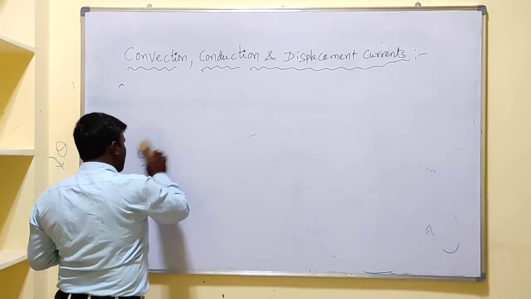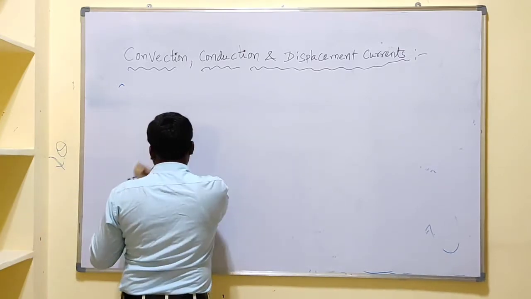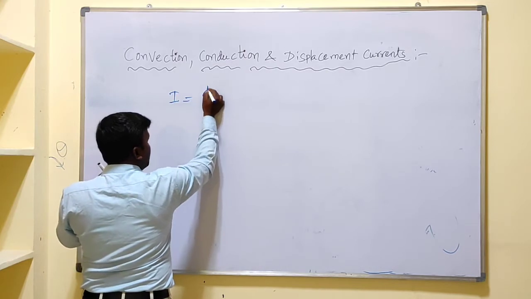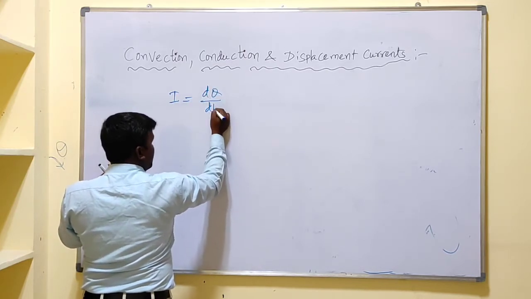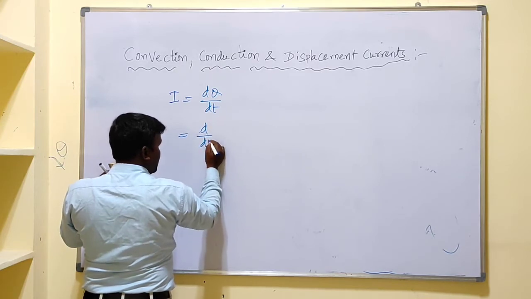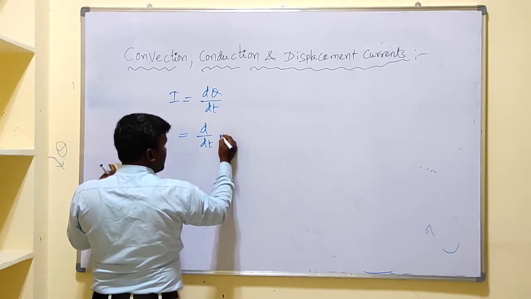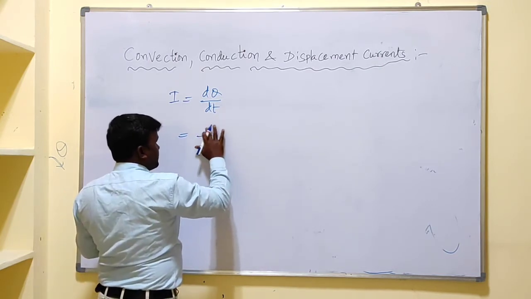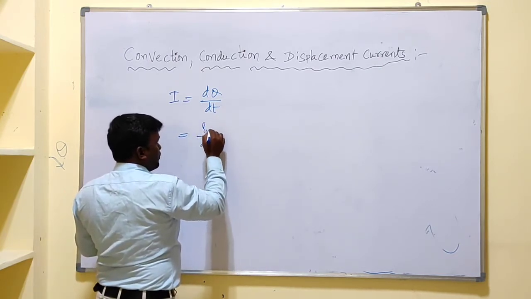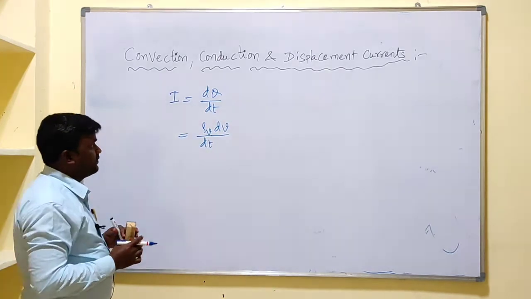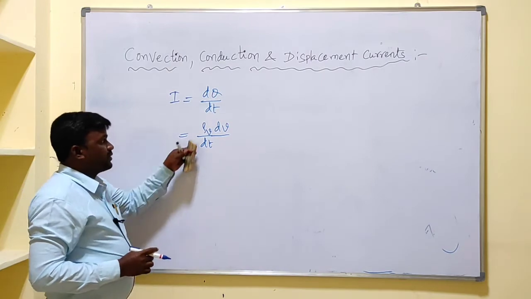That means I equal to dq by dt. Q can be written as the integral of rho v dV, so dq equals rho v dV.